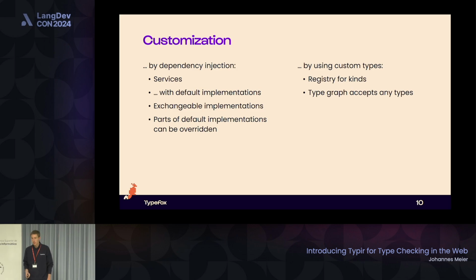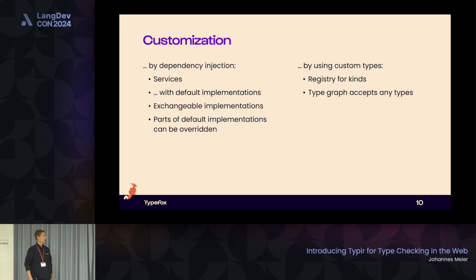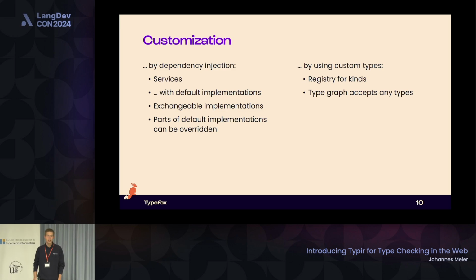Yes, we provide some default implementations, but each DSL is different. Each type system is different, customers and other people often have some interesting exceptions and special needs. So the question is, how can we customize it? Because it's impossible to provide one solution for each problem. And there are two main things. We provide the main functionality of Typir with services.